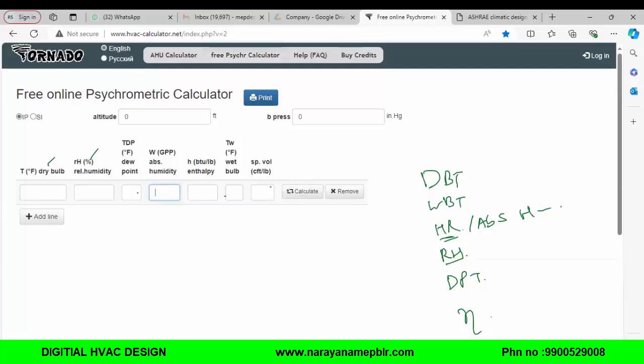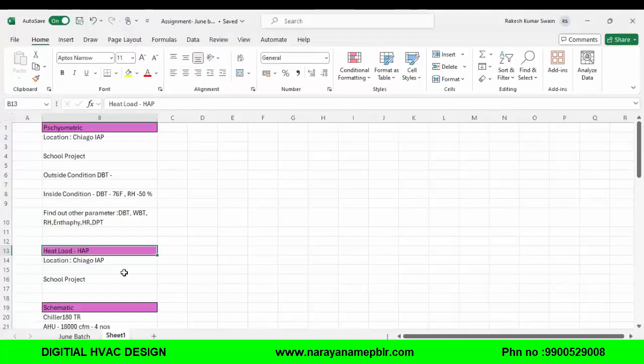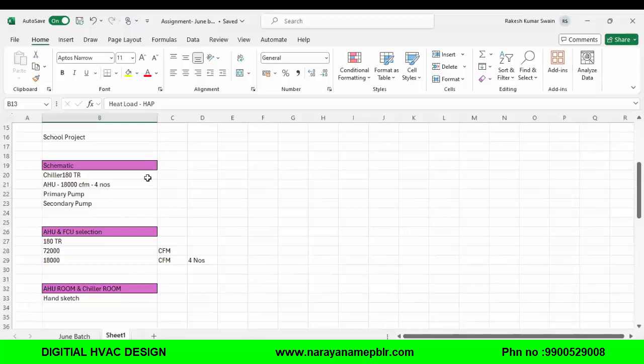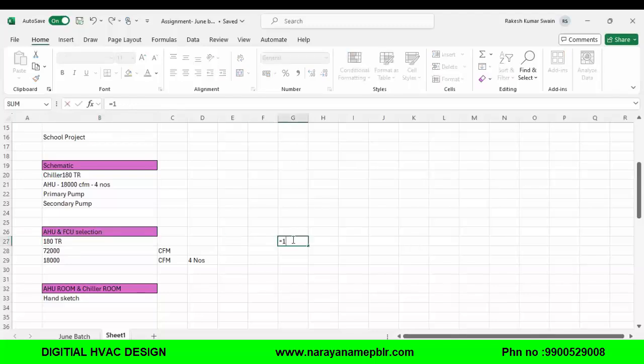What else? Which other assignment do you want to discuss? Vivek, you are asking about this point, right? AHU and FCU selection. Here it is 120 TR. If I convert 120 TR into CFM, you need to multiply by 400.